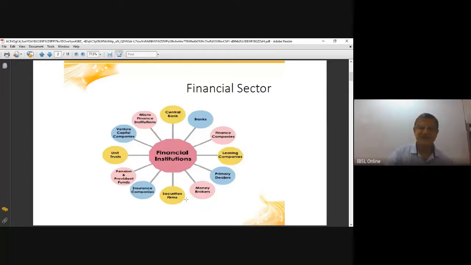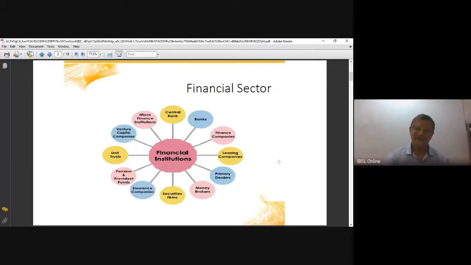You also have securities firms. Securities here, I mentioned, means equity. Equities are also stocks. These companies are called stockbrokers. They also trade another financial product, which we call stocks, and finance companies sometimes fund these stocks for customers to trade in.